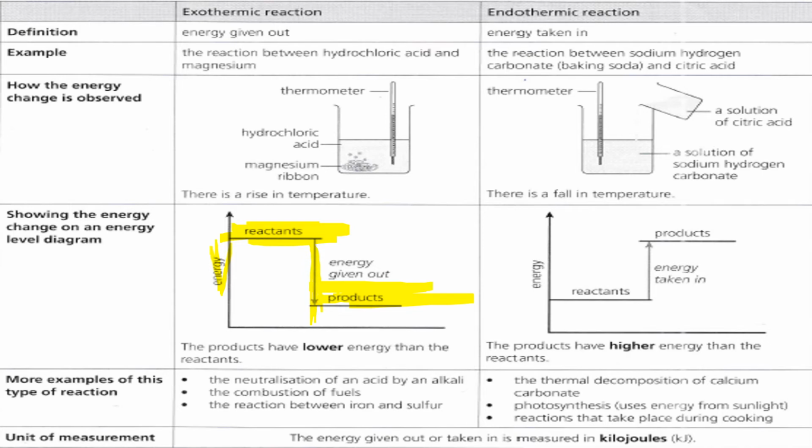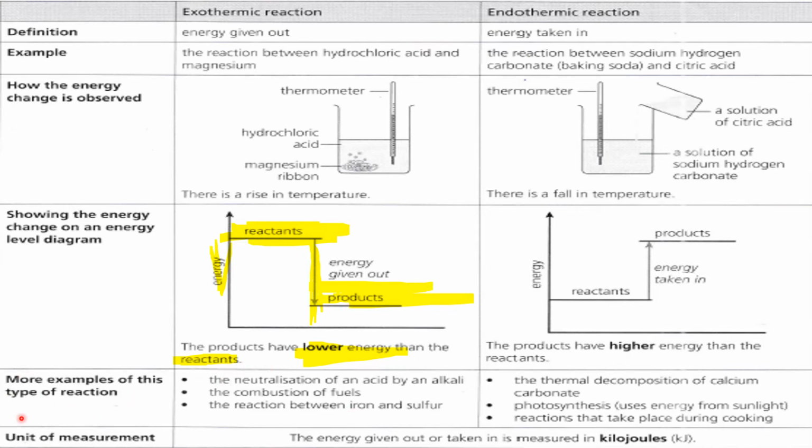Reactants, products, energy is given out. Reactants are at the top, products below the reactants. So the products have lower energy than the reactants. Okay, so more examples of this type of reaction. Okay, over here.